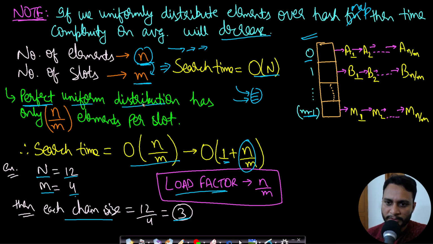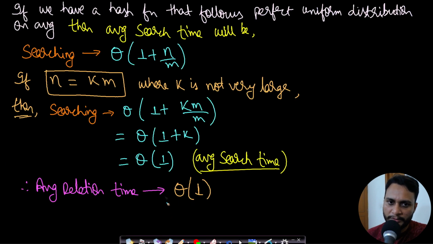So is this feasible? Well, we cannot guarantee that any hash function will give perfect uniform distribution for all types of values. So we will assume that the hash function will give us perfect uniform distribution on average. It will not give us perfect uniform distribution all the time, but on average it will be like a perfect uniform distribution.